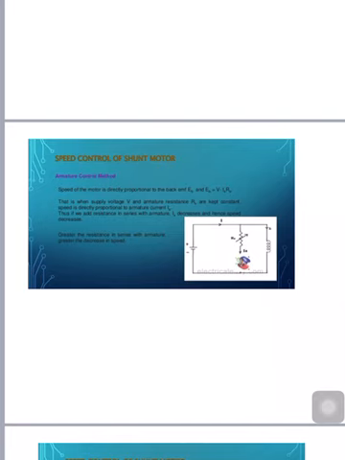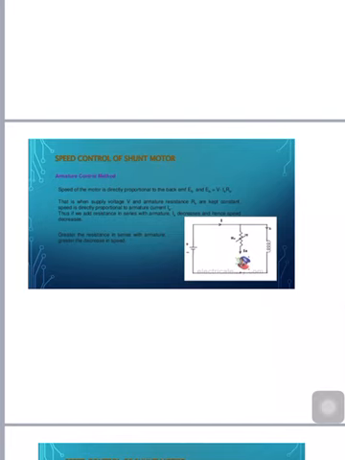Next, good speed regulation, and it has regenerative braking capacity also. So these are the advantages: uniform acceleration, good speed regulation, regenerative braking capacity, and very fine speed control over the whole range in both directions.